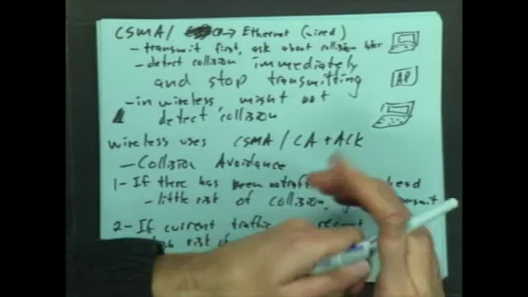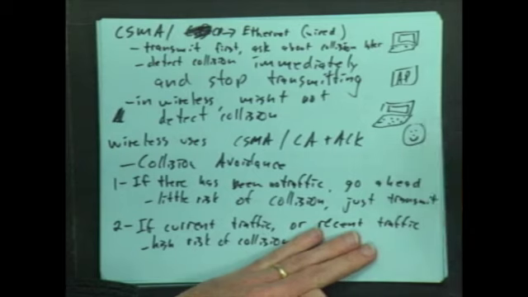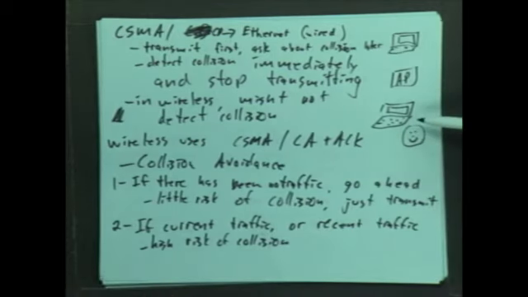Shall I draw myself on here? So here I am and I want to transmit. Now in this situation I'm hearing, let's say this machine is transmitting right now. Okay? So I'm hearing them transmitting, and if I was just wanting to take turns, as soon as they're done, it would make sense that now it's my turn, right?